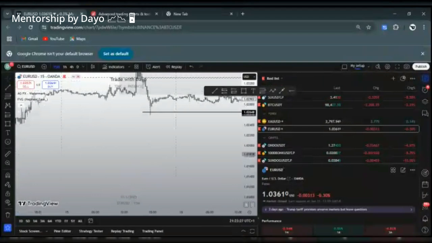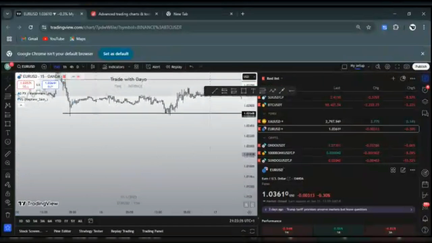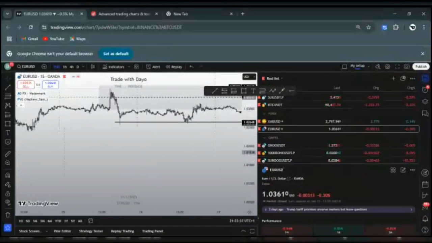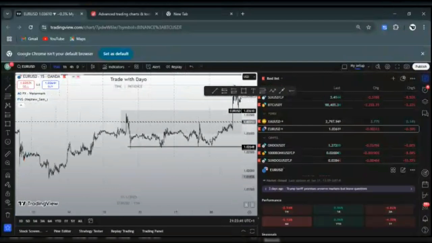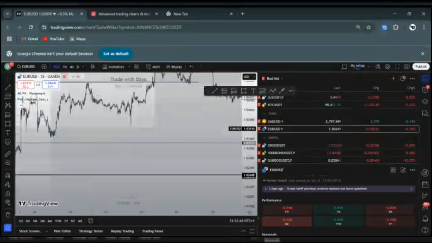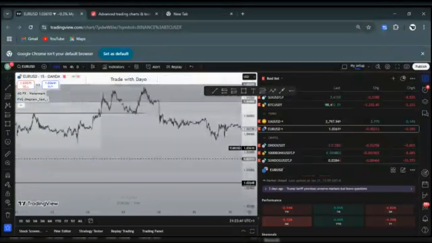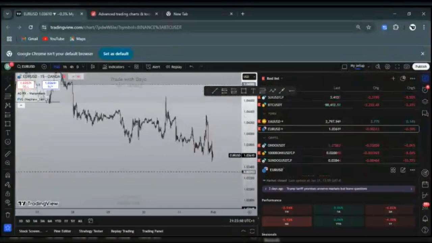So I don't want to go far. Let me use the recent market, so that just in case network takes us out, we can still come back and check. I want to use the recent market price action. So let's use this one.